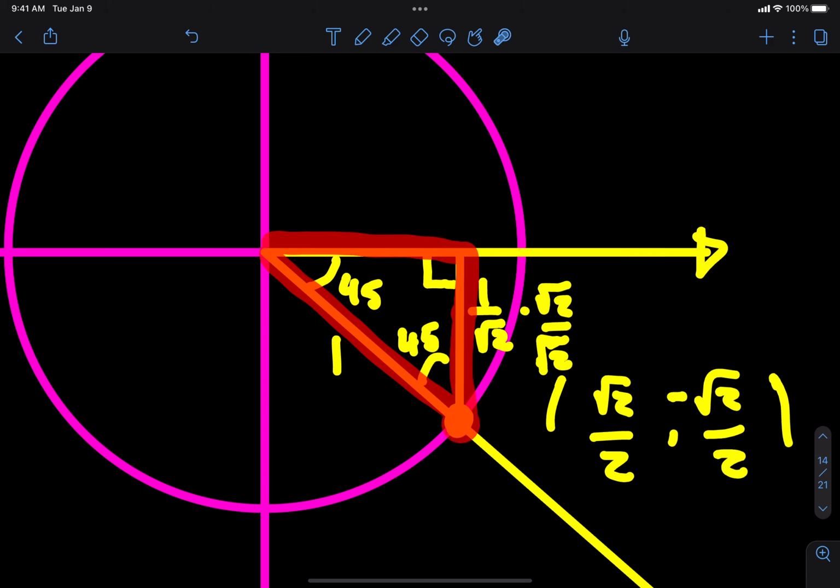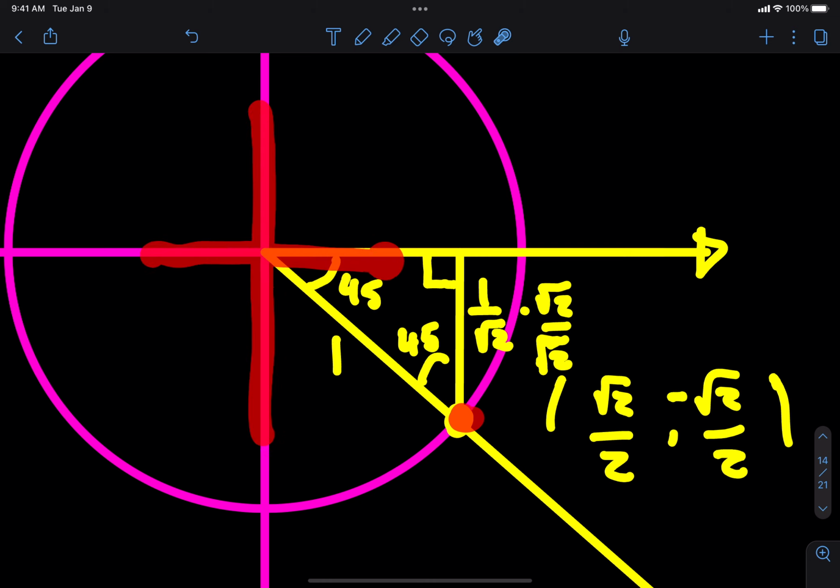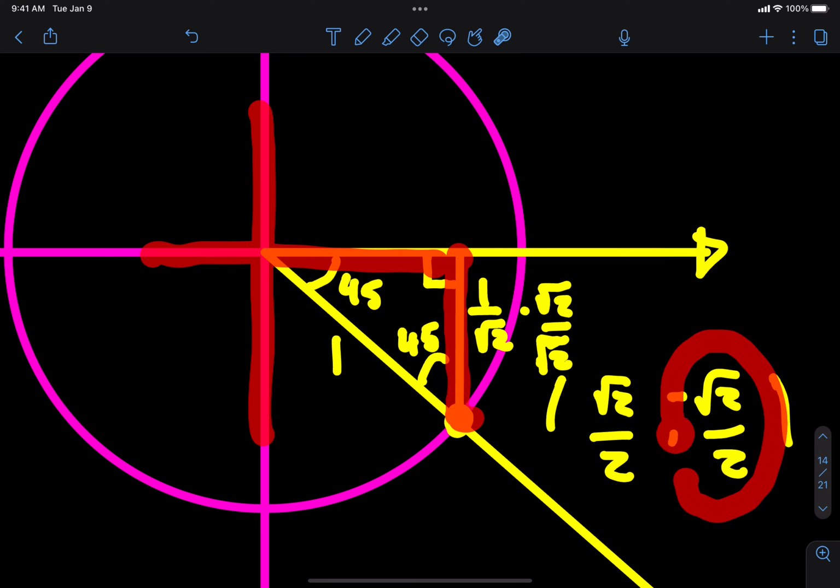So this length is square root 2 over 2. But when we think about this point in the context of the greater coordinate plane, we know that we need to travel that length in the downward direction, which is why we make this one negative.